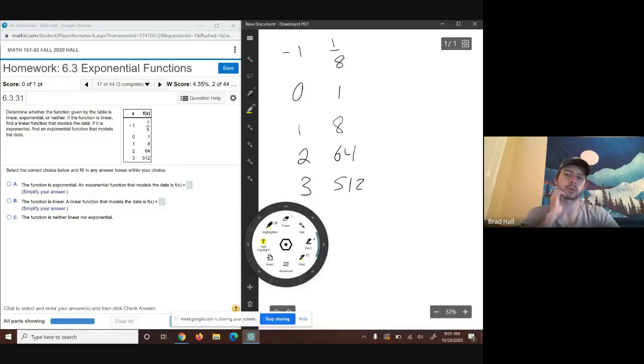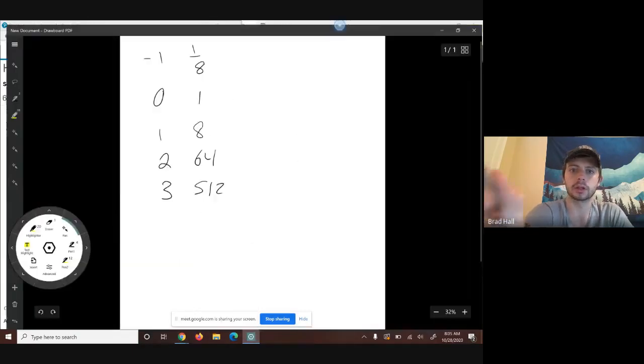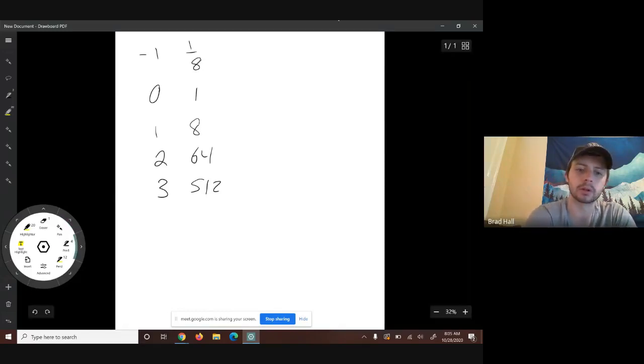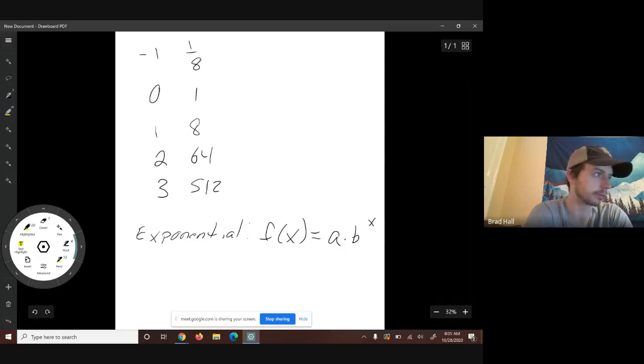And it wants us to determine whether this is an exponential function, a linear function, or neither. The best way to determine that: an exponential function always takes the form f(x) = a times b raised to the x.